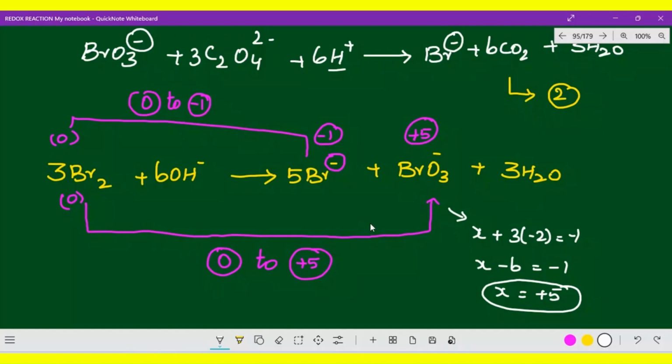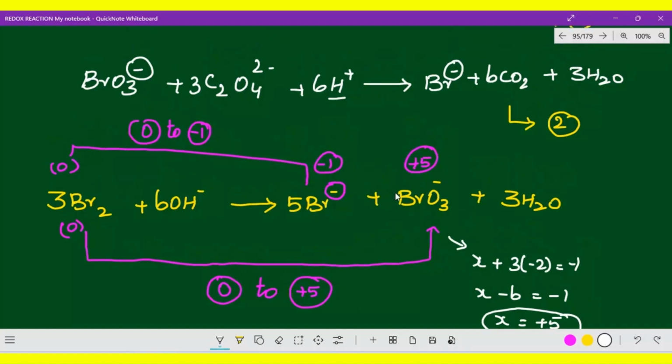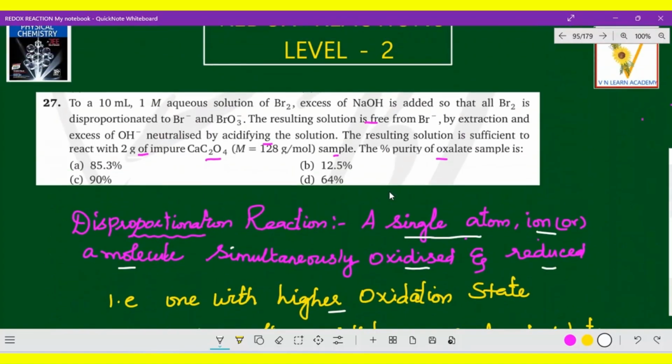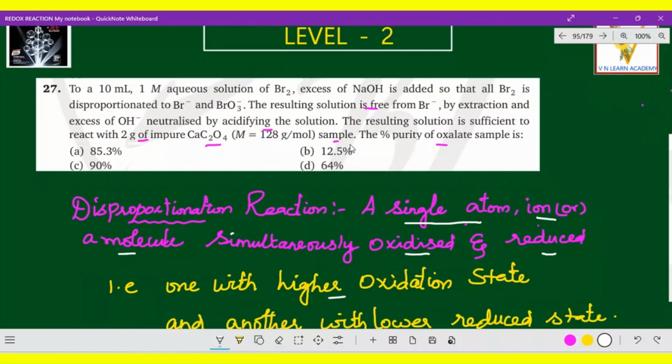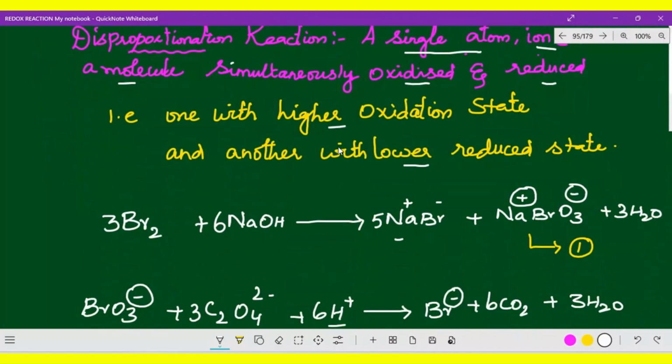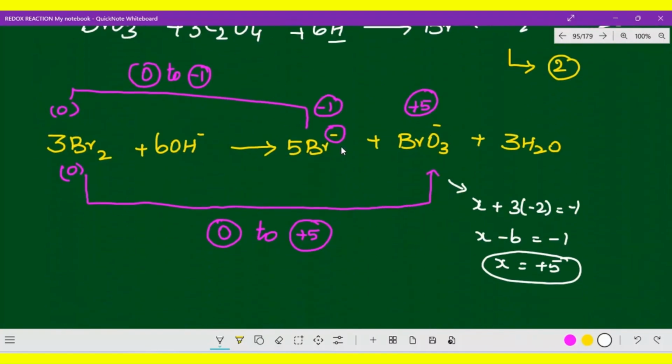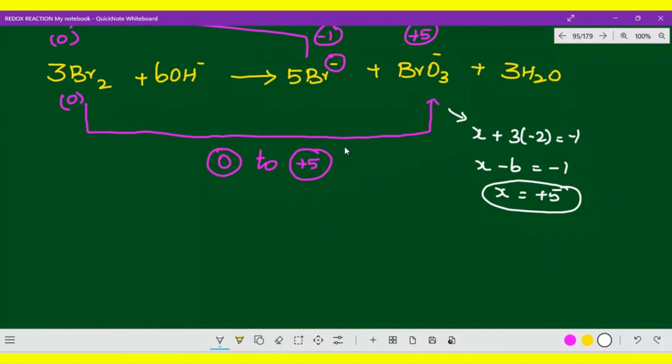This is the way I would like to explain these ideas so you understand this question, right? I hope you got that idea about the disproportionation reaction, and how two reactions are possible in one, with bromide ion and bromate ion, in acidic as well as basic medium. Now we have to analyze the data and find the answer. I hope you got this point.